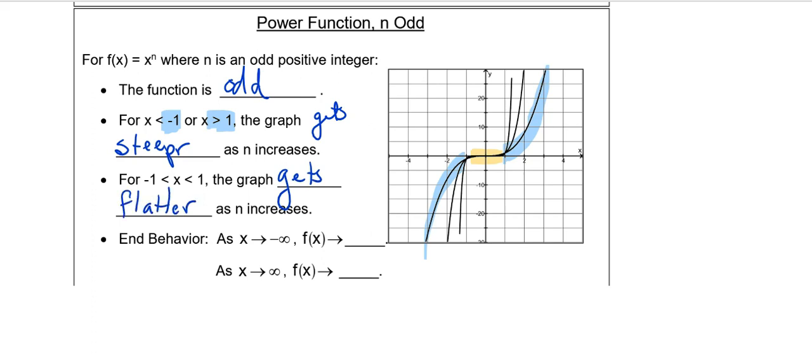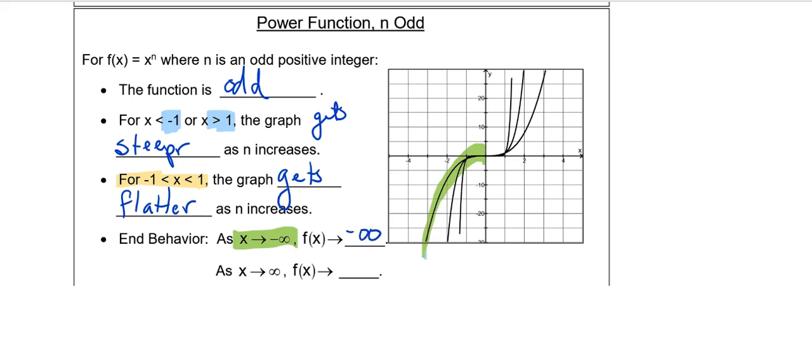Now we're going to analyze our end behaviors again. As x approaches negative infinity, let's get rid of this first. We're starting at the origin. As x approaches negative infinity, it's going to go to negative infinity.